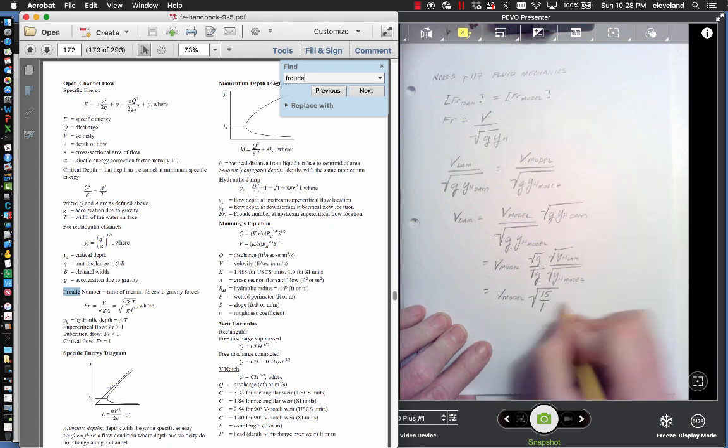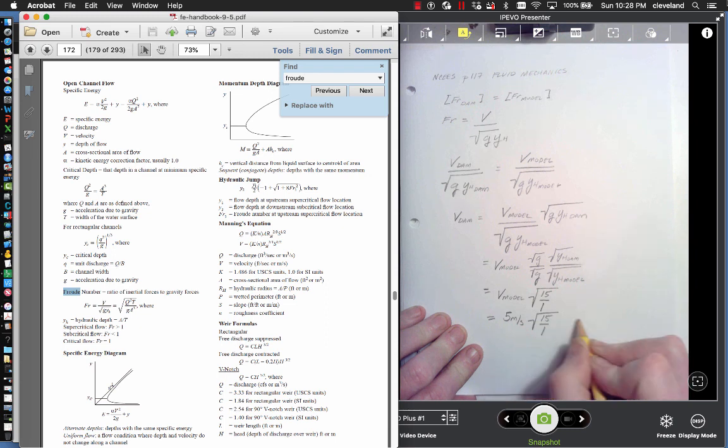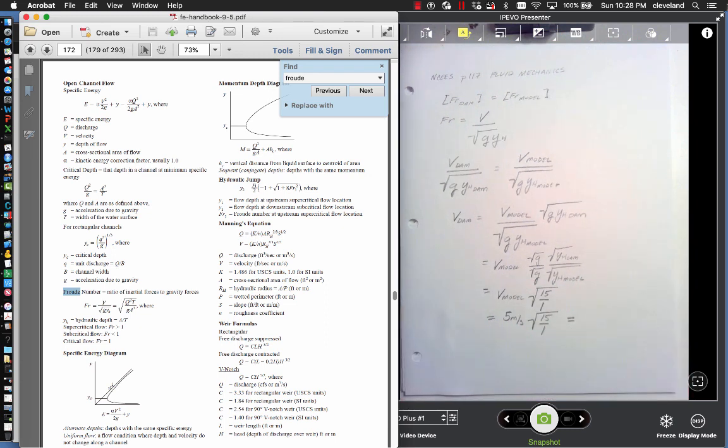And we now can put in our numerical values. The model was 5 meters per second, square root of 15 over 1, and perform the indicated arithmetic.